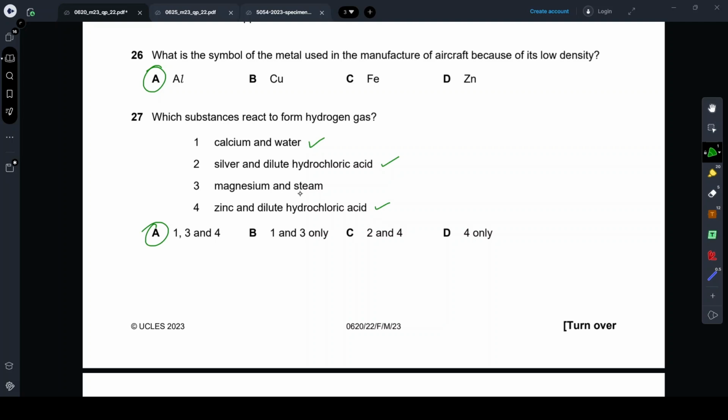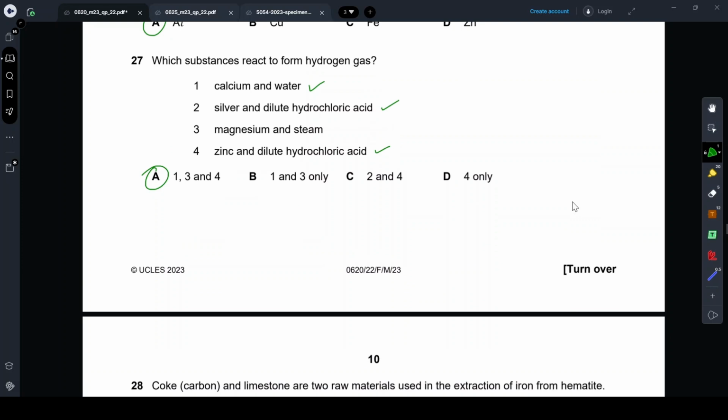For all of these, you can revisit the reactivity series and the chapter on metals to see how these reactions take place. But it's option A. The options given are 1, 3, and 4. Yes. Oh, sorry, my bad. I picked the wrong one. So yeah, silver is super unreactive.